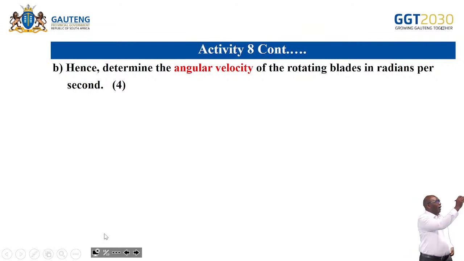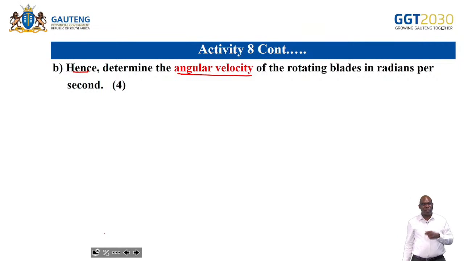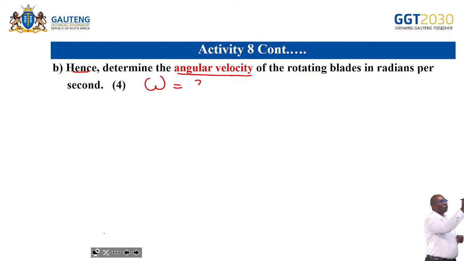Now, you see the word hence means that you use what you got in the previous question. It says determine the angular velocity. Now you see I'm going to have a challenge here. If you look at the formula for the angular velocity, it's omega equals 2 pi n.